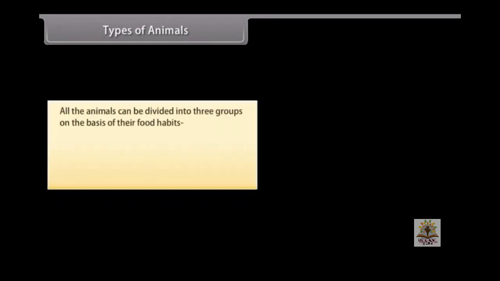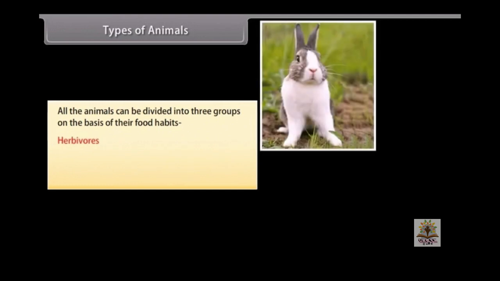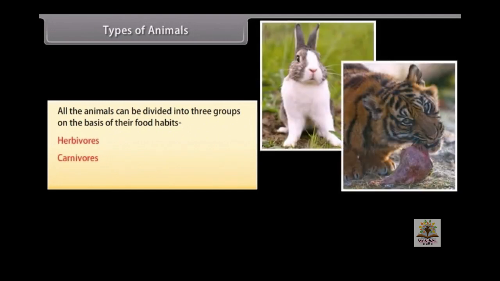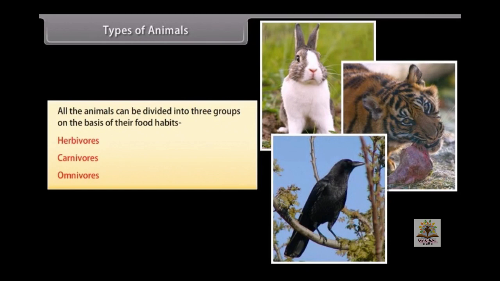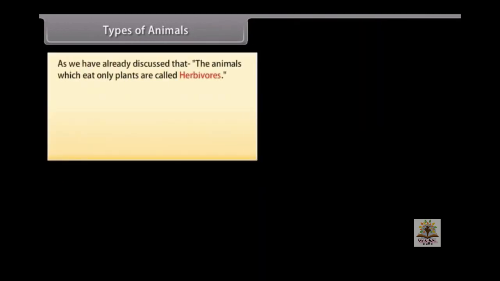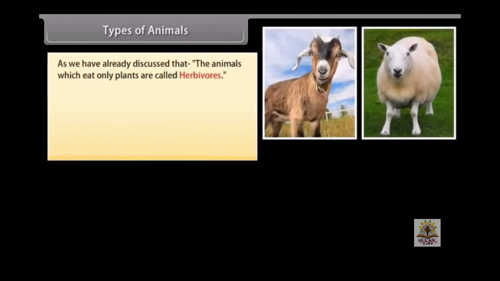Types of animals. All the animals can be divided into 3 groups on the basis of their food habits: herbivorous, carnivorous, omnivorous. As we have already discussed, the animals which eat only plants are called herbivorous.